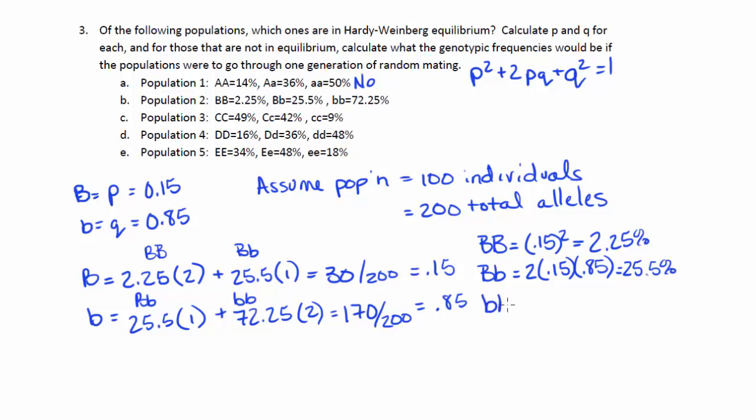And then if we just double check it with little b, the frequency of this would be Q squared, and so that's 0.85 squared. If you solve 0.85 squared, this is equal to 72.25%. So we can say that population 2, yes, it is actually in Hardy-Weinberg equilibrium, and over here, these would be the frequencies of the 2 alleles.